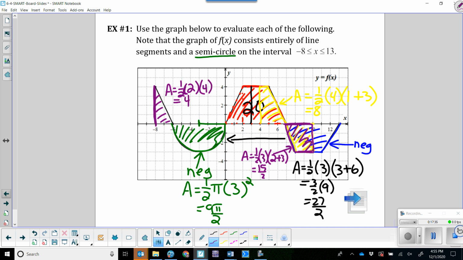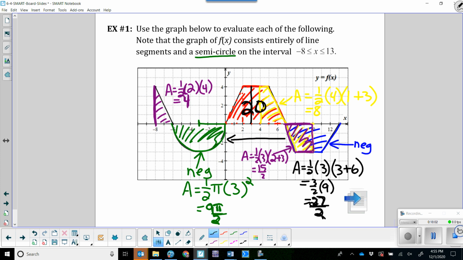So all we're going to do to get the integral from -8 to 13 is we're going to add 4 plus -9/2 plus 20, because that was that whole thing, plus negative of 27/2, because that was that original blue area there.